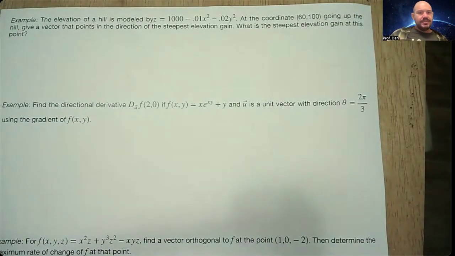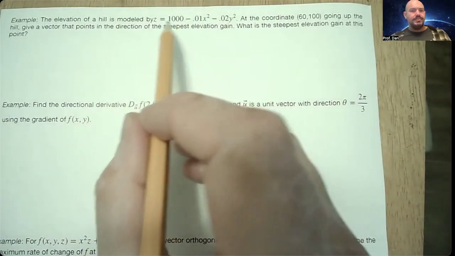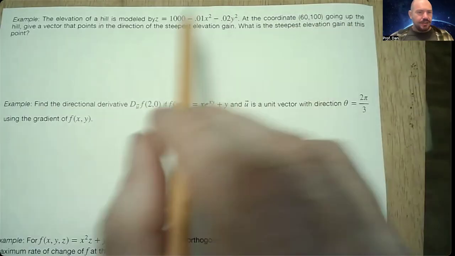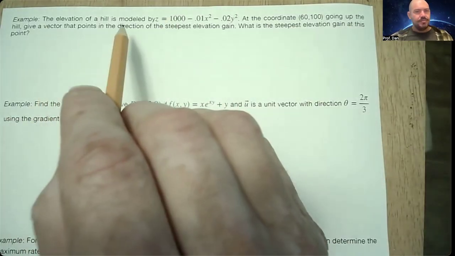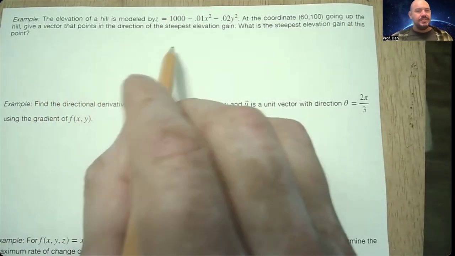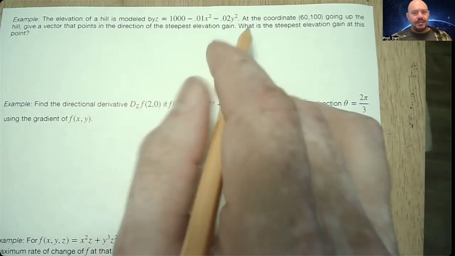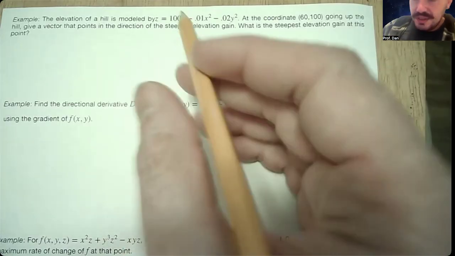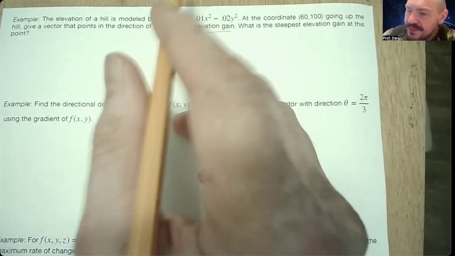So we have the elevation of a hill is modeled by a function z equals all that. We're given a coordinate 60, 100. Going up the hill, give a vector that points in the direction of the steepest elevation gain. And then what is the steepest elevation gain at this point? So steepest elevation gain, right?